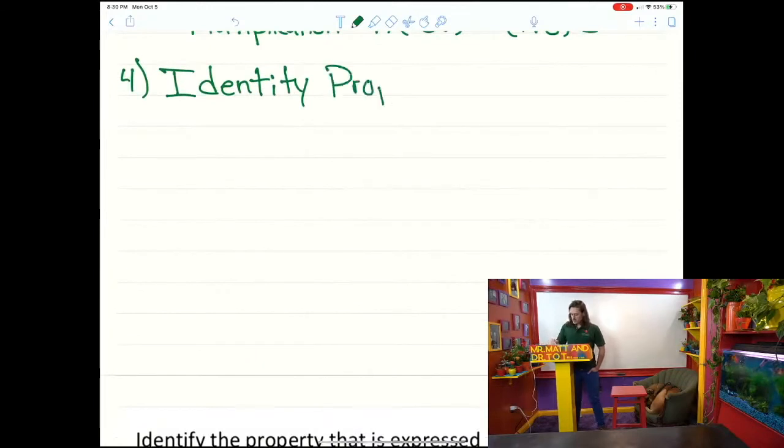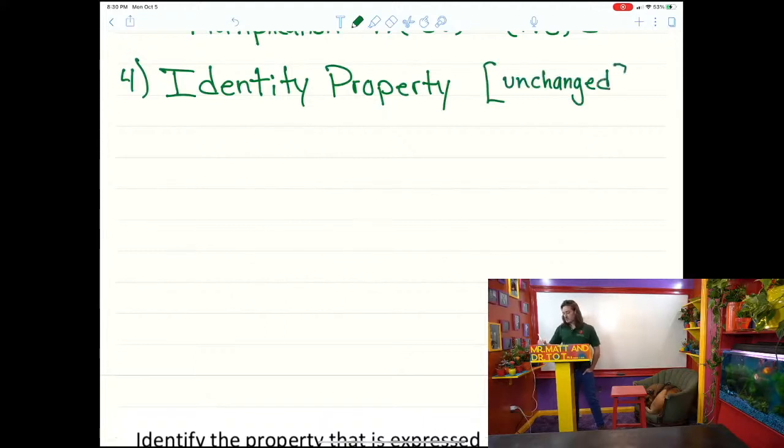So with addition, the magic unchanging value is 0. So the identity property for addition is that A plus 0 must always equal A. And we could switch that around because we know that addition is commutative. So 0 plus A has to be equal to A.